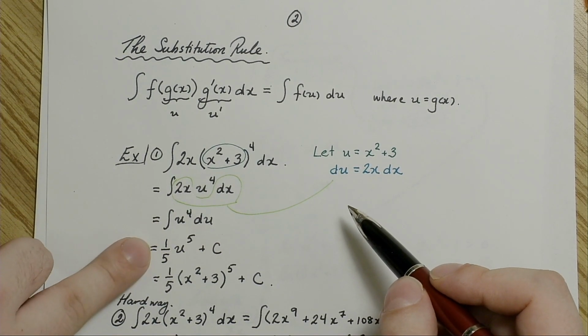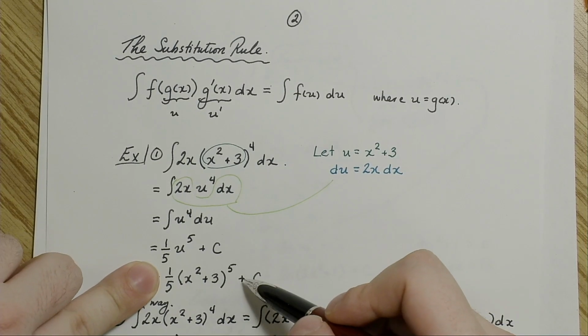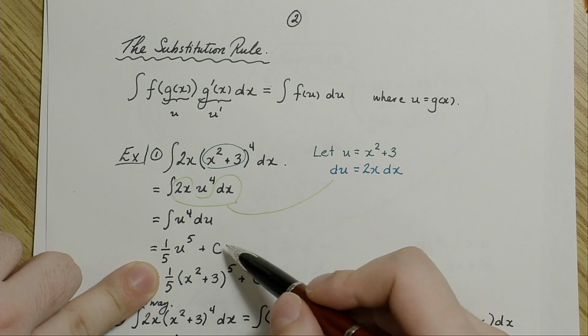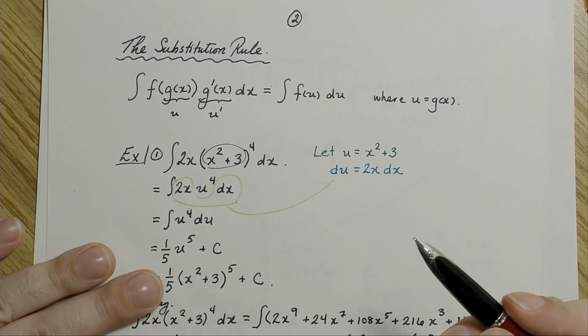And from there we can integrate that and then replace it back in by changing it back from our variable. So in this case we're changing it back from u to x, and there is our final answer.